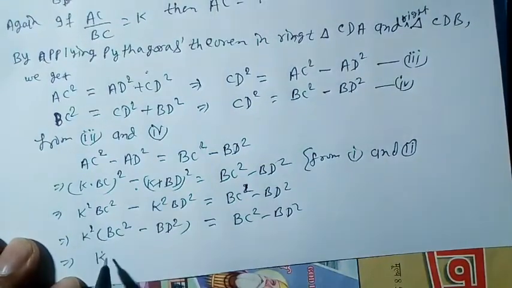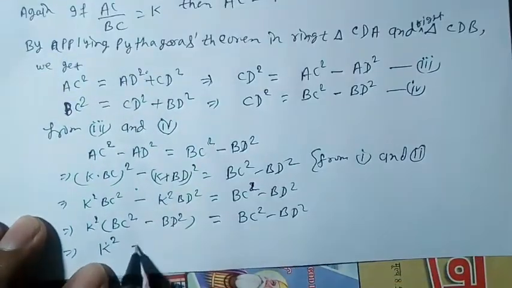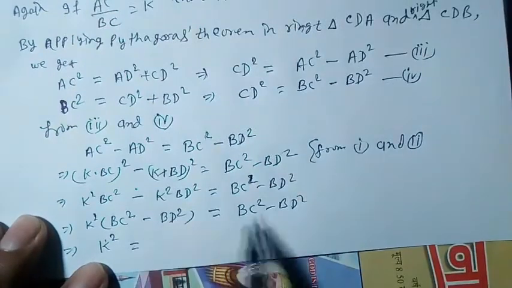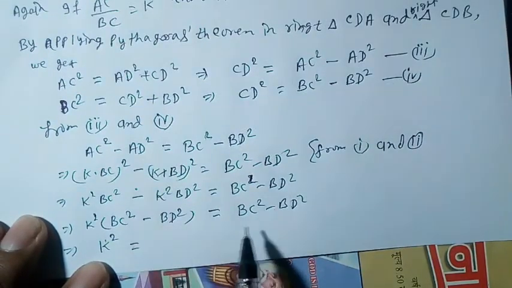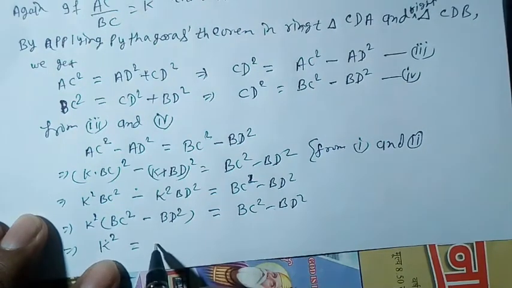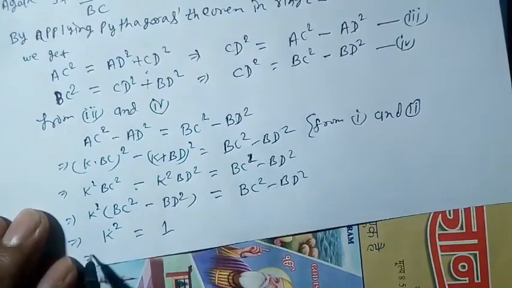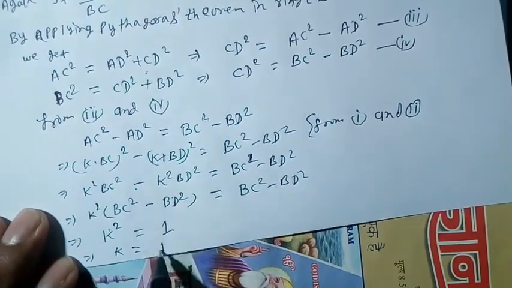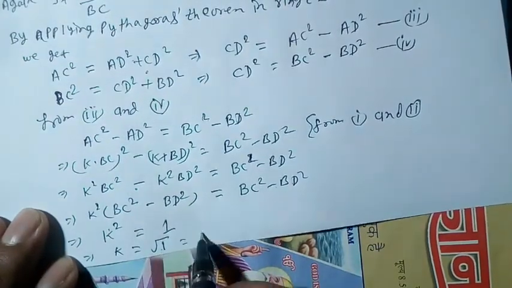Implies K square is equal to, this is the same, so I divide BC square minus BD square by BC square minus BD square, then I get 1. Implies K is equal to root under 1 is equal to 1.